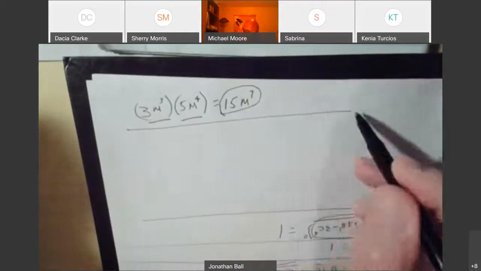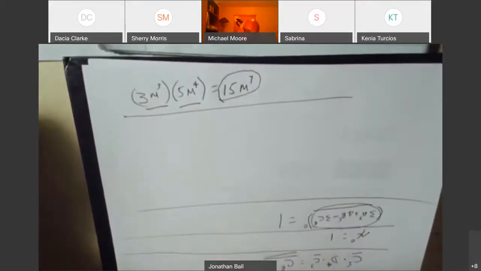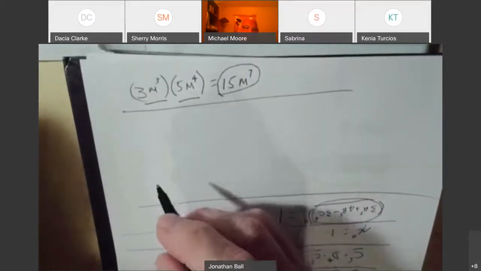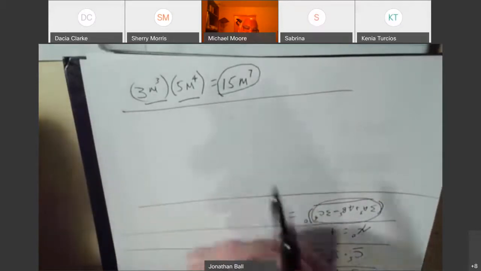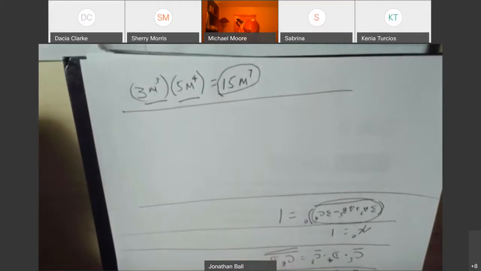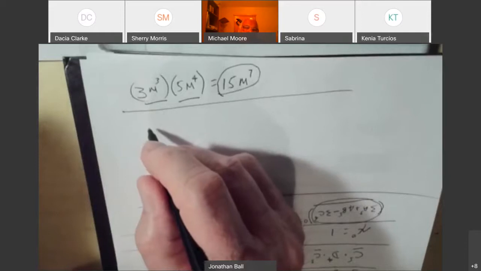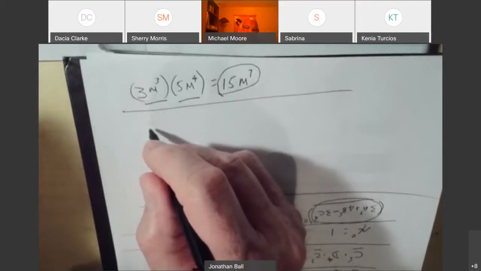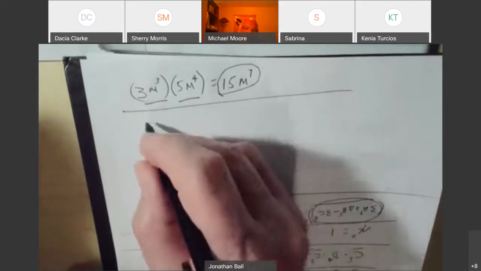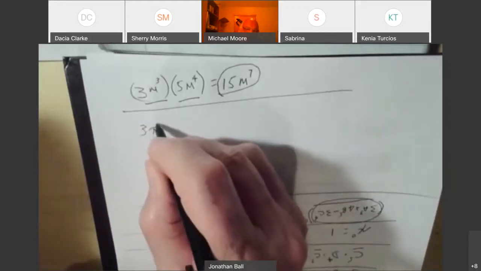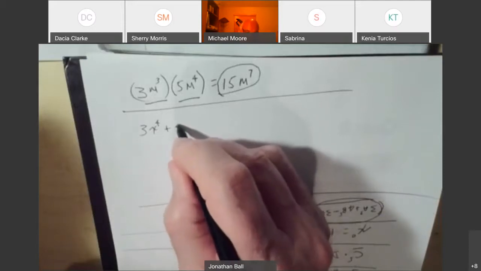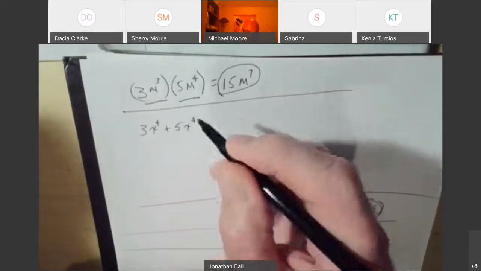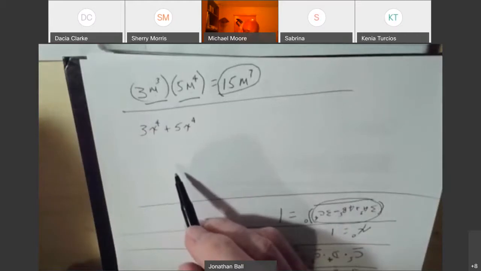Okay, now addition, subtraction. In order to add or subtract, you have to have the same exponent and the same base number. So if we have 3x to the fourth plus 5x to the fourth, are these like terms?